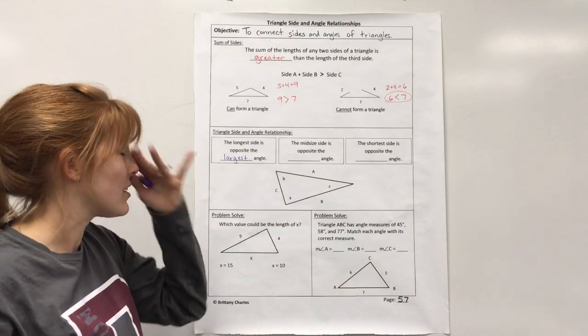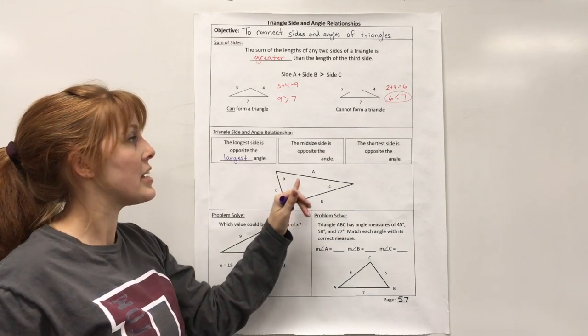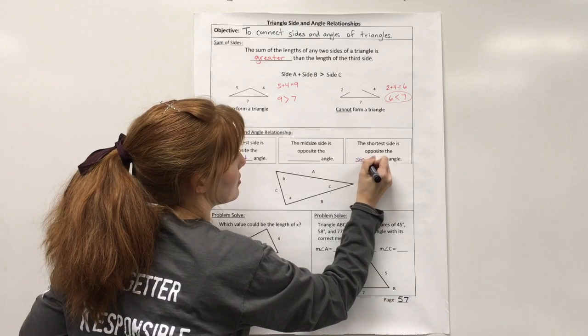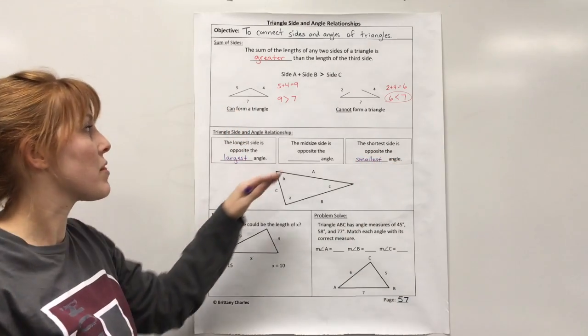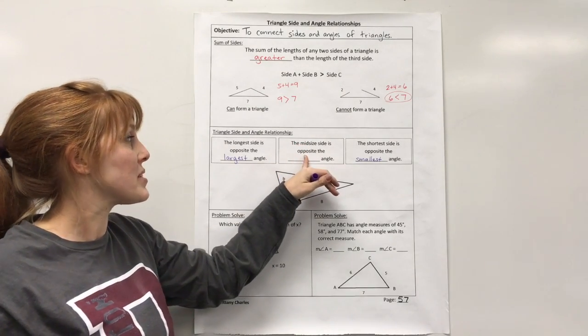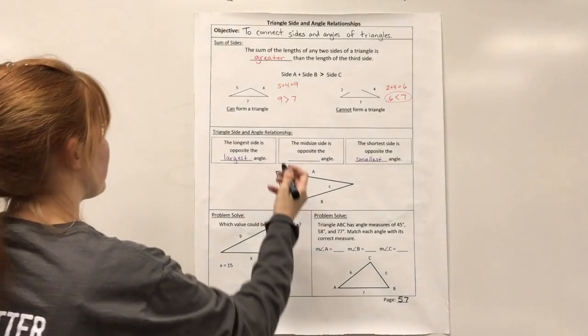The shortest side is opposite the smallest angle. And the mid-size or medium side is opposite the mid-size or medium angle.